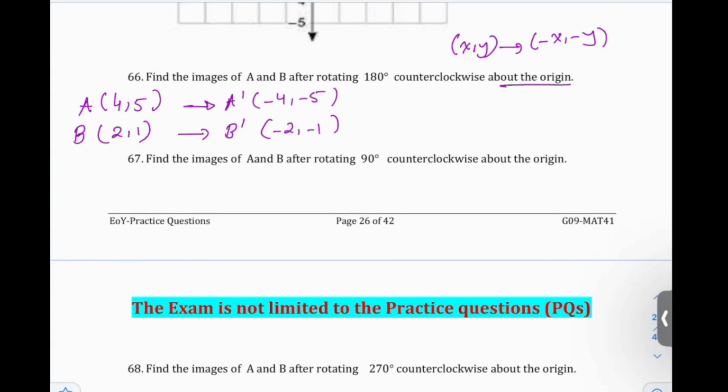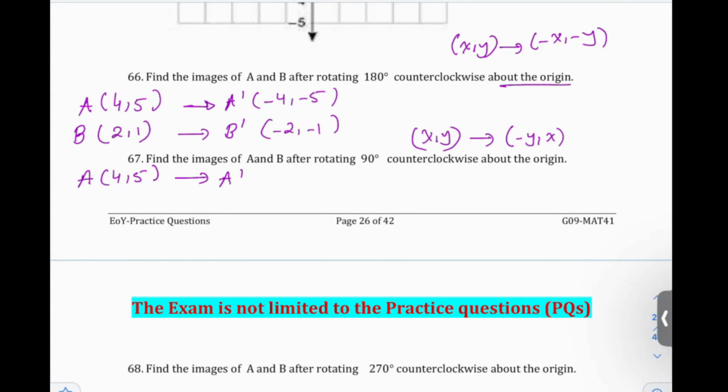Directly apply the formula. Now, we want the same points to be rotated by 90 degrees. Our rotation is 90 degrees about the origin. So if A was (4, 5), then A prime after 90 degrees becomes (-y, x). (x, y) turns to (-y, x). What happens here?